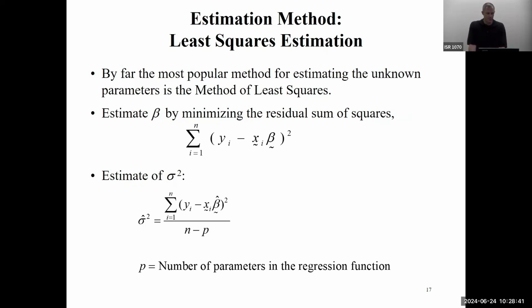and estimating these parameters. So by far, the most popular method of fitting simple linear regression models is this method of least squares, or ordinary least squares, or OLS, as it's often abbreviated. So the idea here is that you estimate all those regression parameters by finding the values of those parameters that minimize this residual sum of squares that you see here.